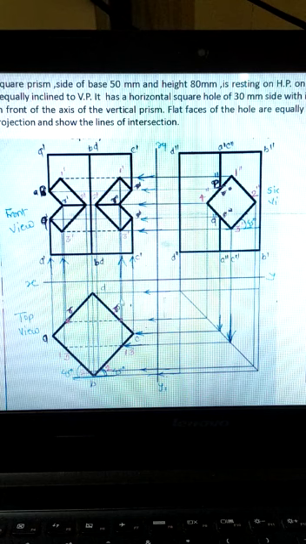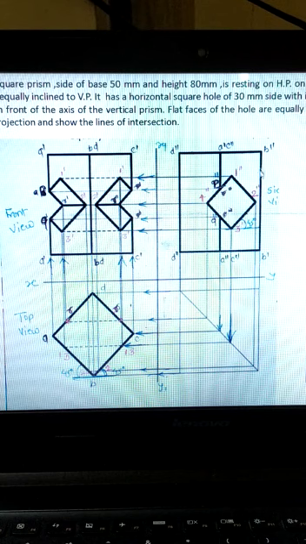After this, you have to project its front view as a rectangle with its faces A dash, B dash, C dash and D dash. To mark the side view, again draw a vertical axis like X1, Y1 with some distance apart from the top view as well as the front view.